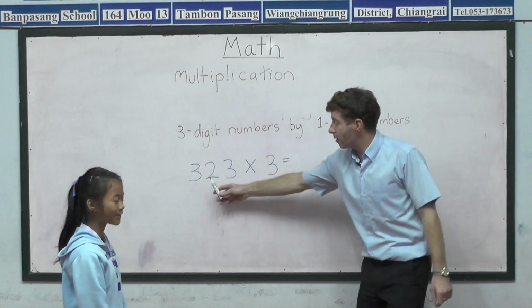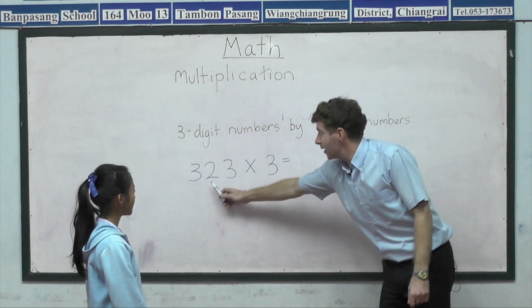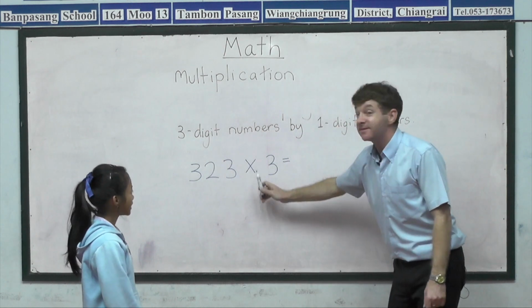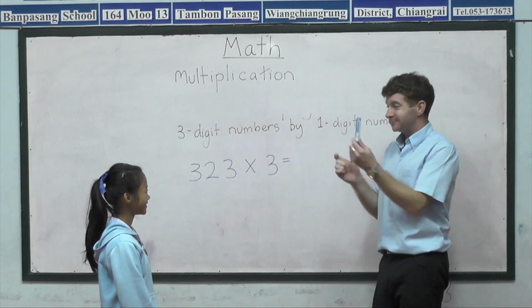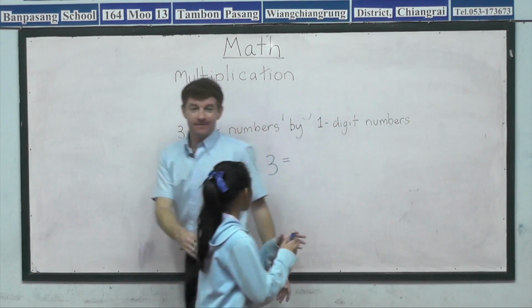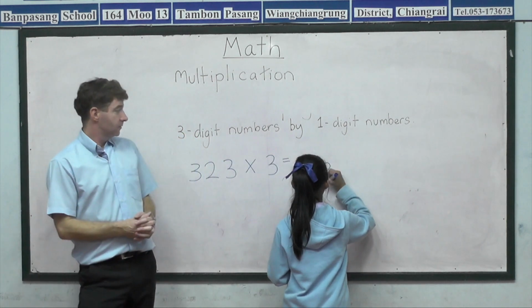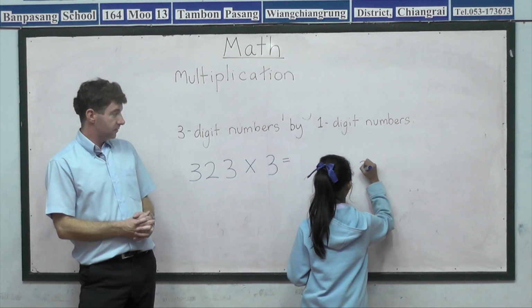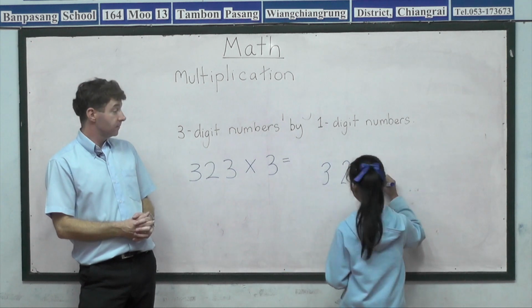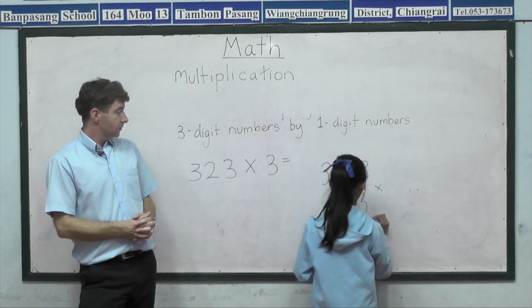So what's our problem? 323 times by 3. Okay, so first of all, we'll draw our table. 323 times 3 equals.